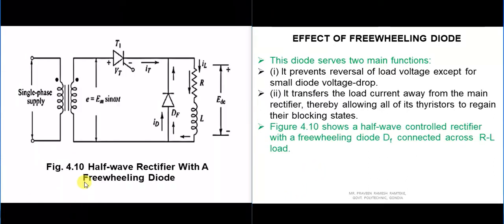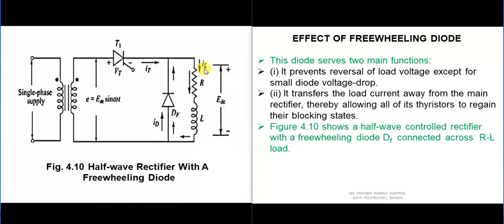Now this diagram shows how a freewheeling diode is connected across an inductive load. The current flowing through the freewheeling diode is represented by small i suffix d. Current flowing through the thyristor or SCR is shown by IT.